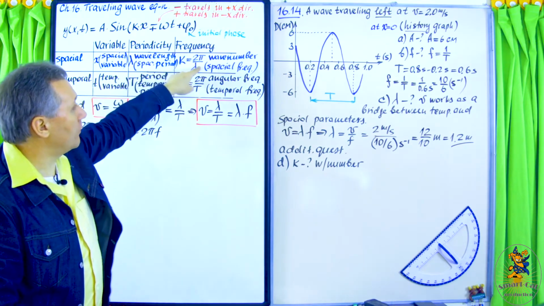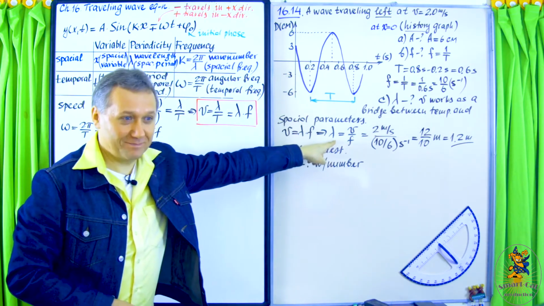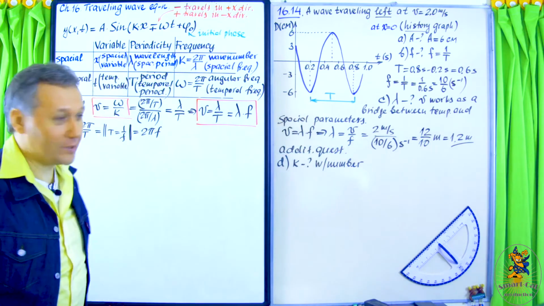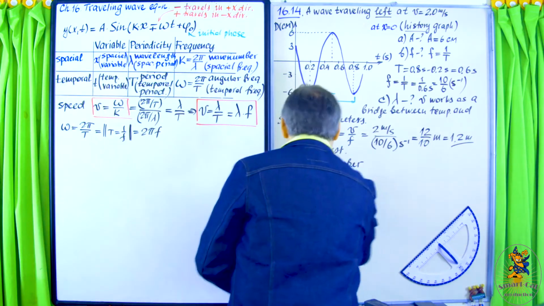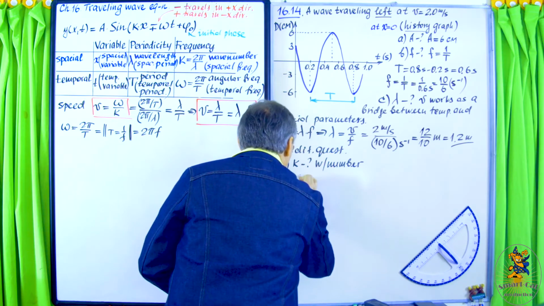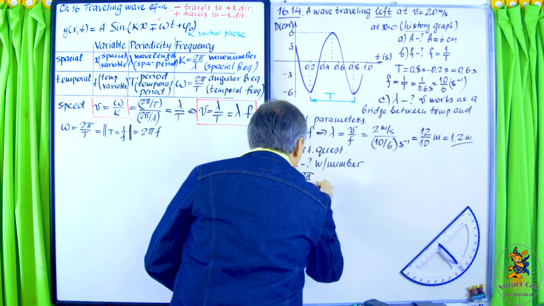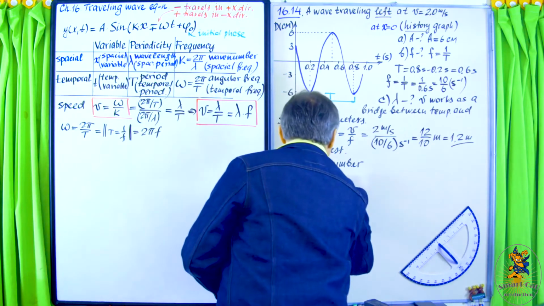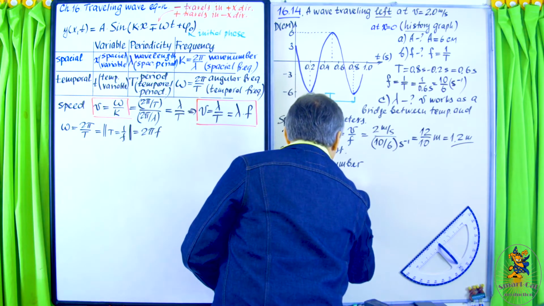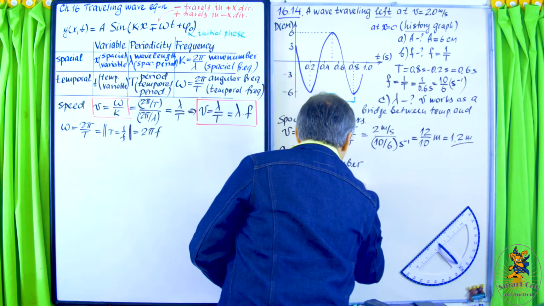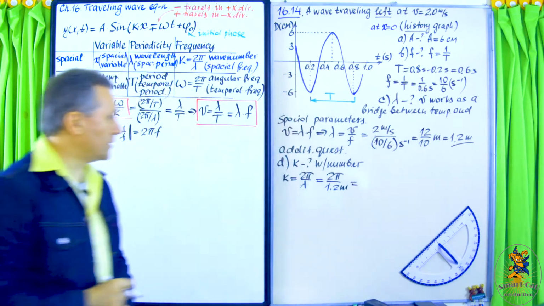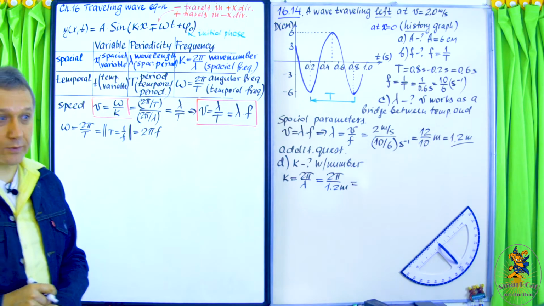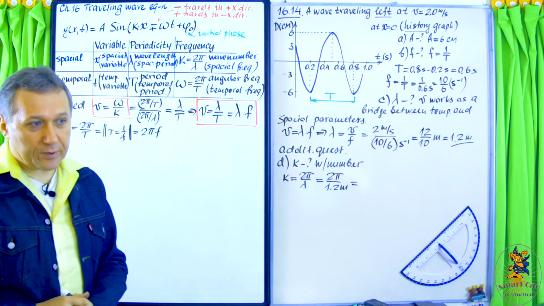By definition, 2 pi over lambda. Lambda we just found in the previous part, right? So, as a result, I can write K equals 2 pi over lambda. Lambda is over there, 2 pi divided by 1.2 meters. So it's pi over 0.6. Units reciprocals of meters.